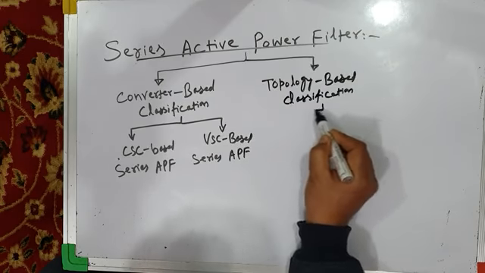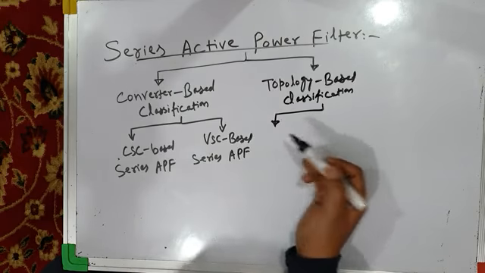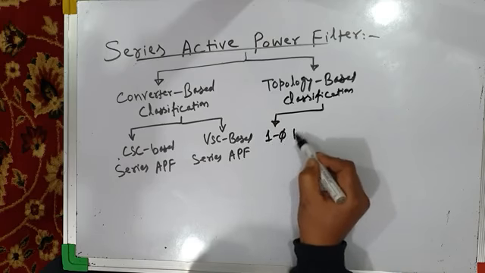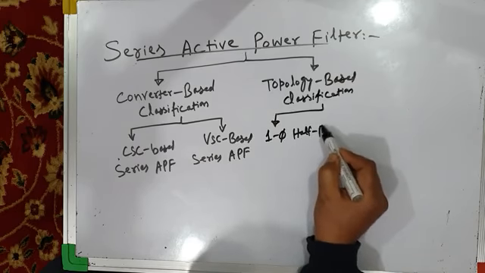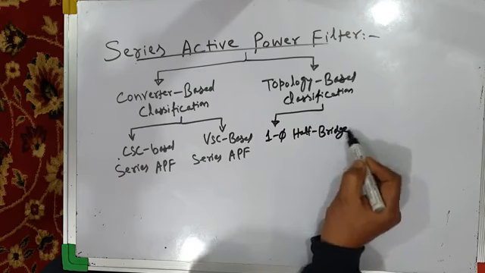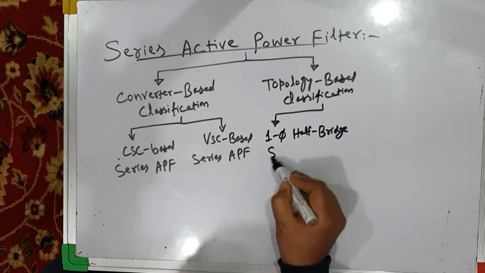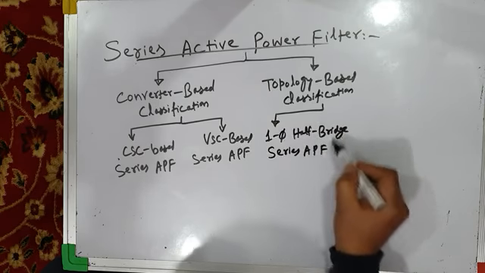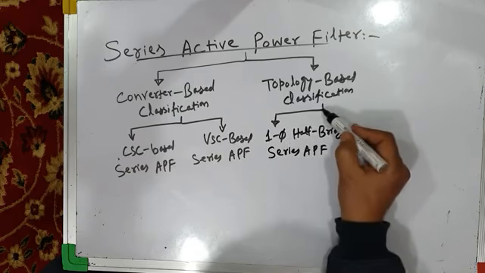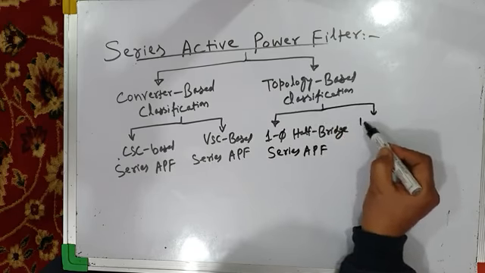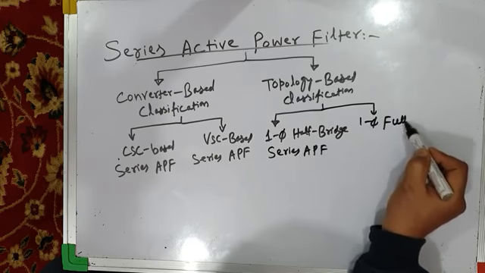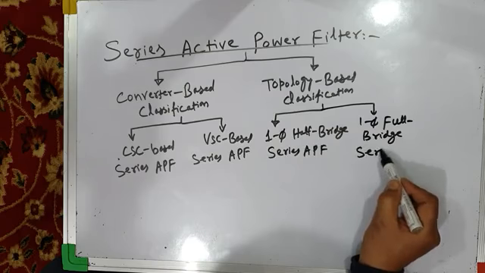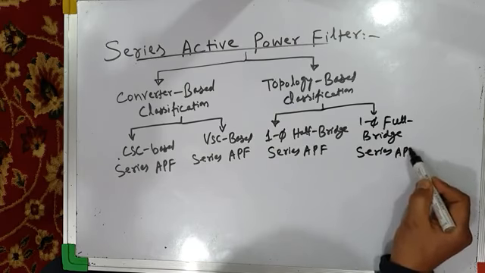On the basis of topology, we have the single phase half bridge series active power filter, which is one topology of voltage source converter, the half bridge voltage source converter, and the single phase full bridge series active power filter.